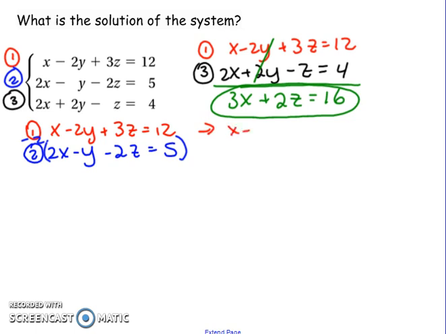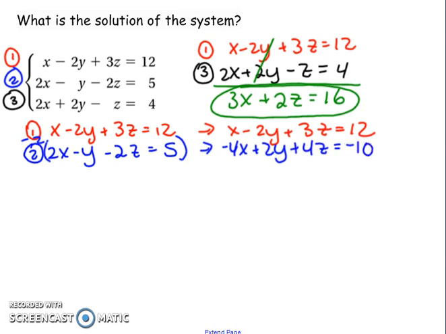The first equation will stay the same, and my second equation is now going to be -4x plus 2y plus 4z equals -10. And I'm going to, again, add these since my y's are now the same value with different signs. So this is going to give me -3x, the y's are gone, plus 7z equals 2.